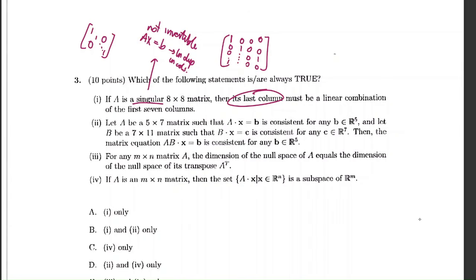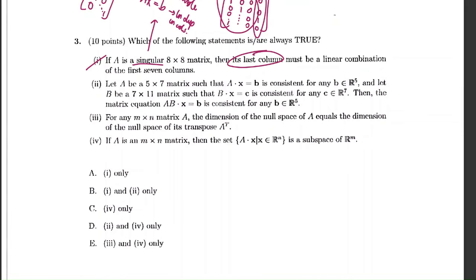And let's just assume, for simplicity of writing, that it's just a 4x4 matrix. So in this case, you can see that this last column is not a linear combination of these three. It cannot be written as such. And so the statement is not true, because this is a good counterexample for it.